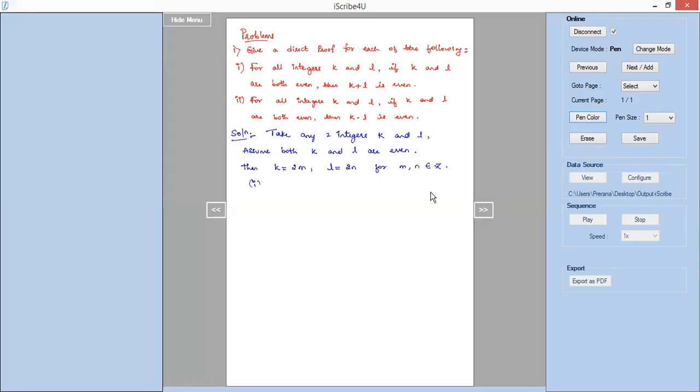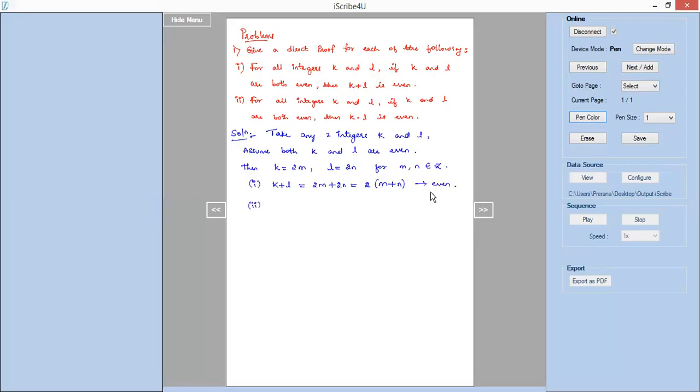So we check for the first one that k plus l will be 2m plus 2n, or this can be written as 2 times of m plus n. 2 times of m plus n is an integer which is divisible by 2. So this is an even number.